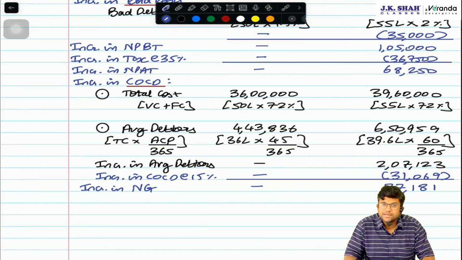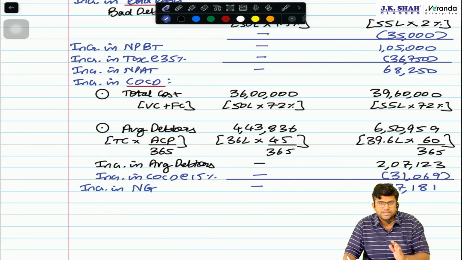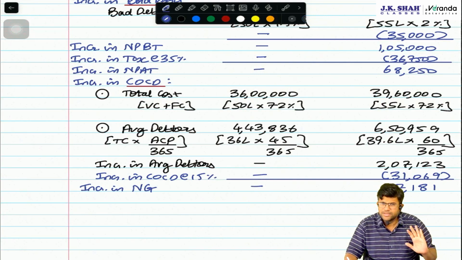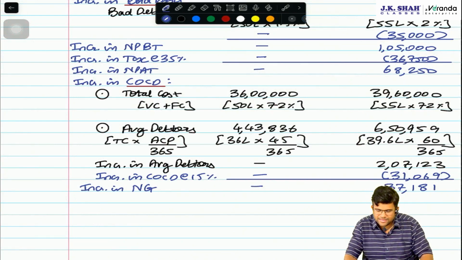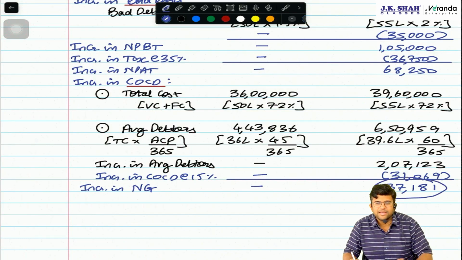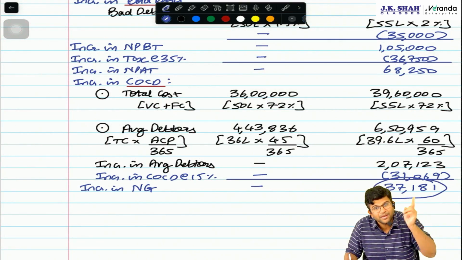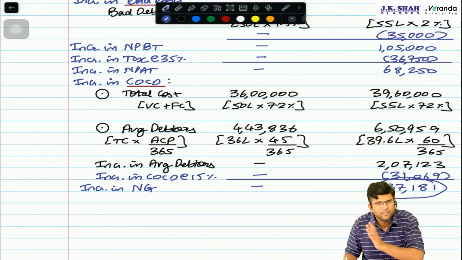Now what does this 37,181 mean? Is it the net gain of present policy, net gain of proposed policy? No, it is the net gain of proposed minus net gain of present. This particular number is the additional net gain that the proposed policy has over and above present policy.